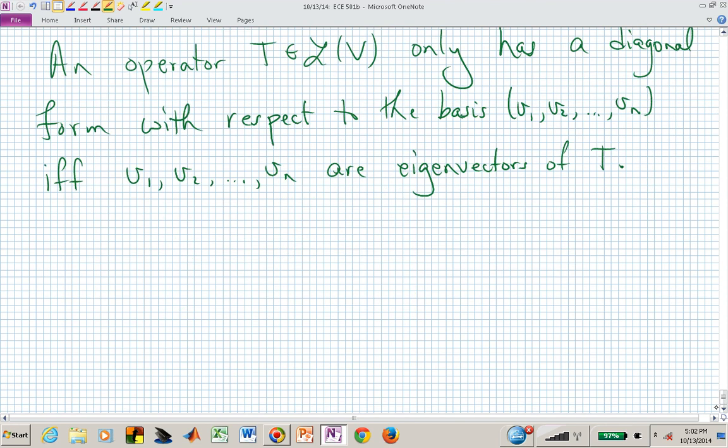And what we can think of here is really how we were talking about this matrix representation of an upper triangular matrix. We needed it to be some linear combination of the basis. But now if our basis vectors are eigenvectors, then they are scalar multiples.